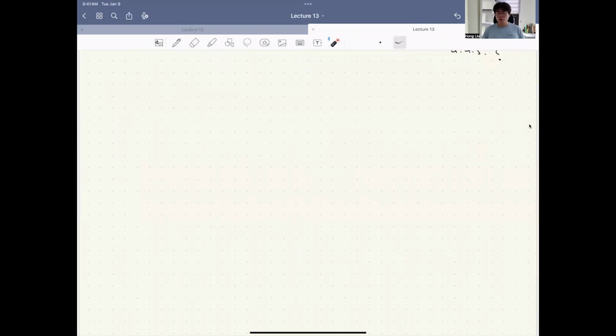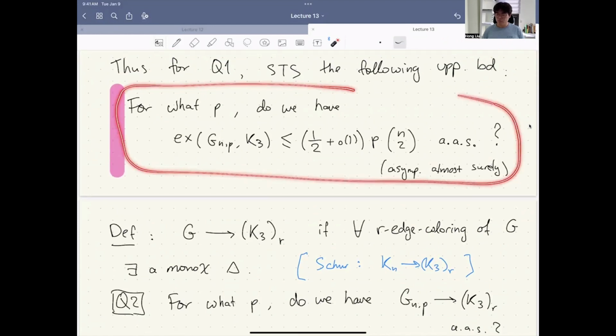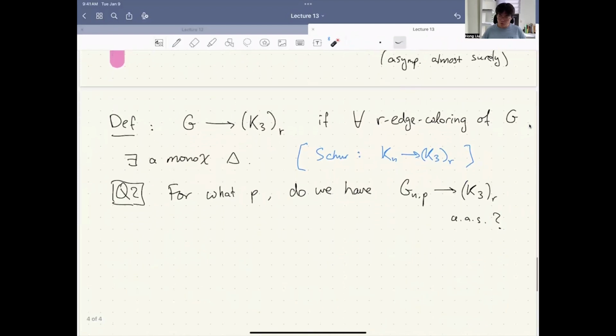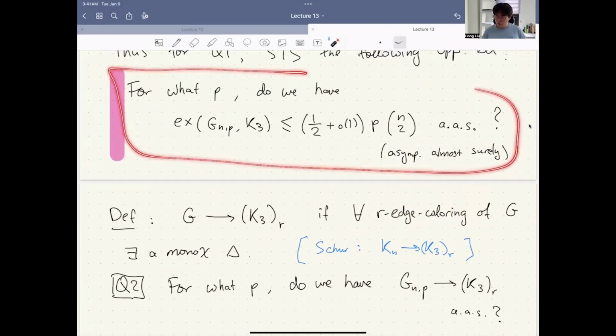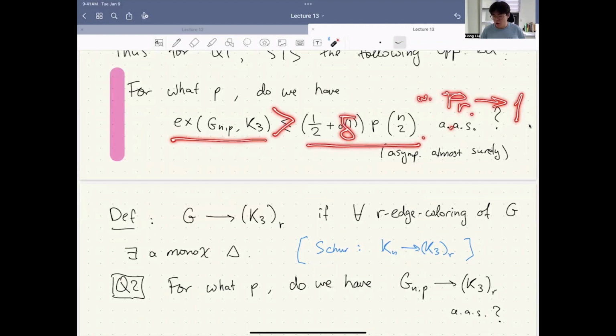So let's first try to prove this using some natural union bound approach. We want to prove this happens with probability tending to 1, so let's try to prove its complementary event: the largest triangle-free subgraph of G(n,p) is greater by a delta proportion than half of the expectation.